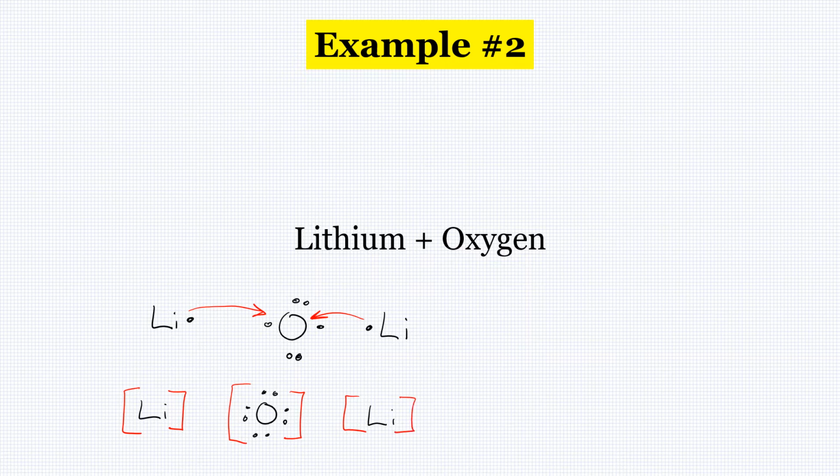Lithium is losing an electron, so it'll have a +1 charge on both of these. Oxygen's gaining 2, so it'll have a -2 charge. And my formula is going to be lithium, oxygen. There are 2 lithium atoms here, so I'm going to write a 2 after the lithium. And we are done with that example.